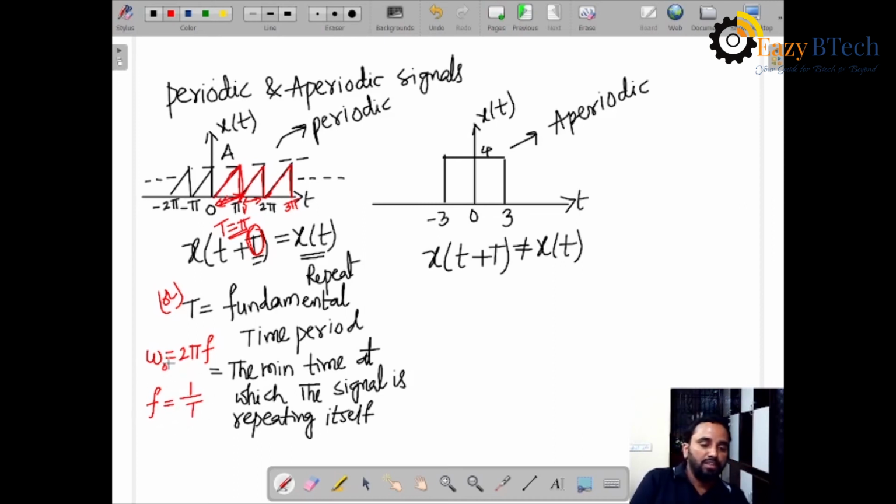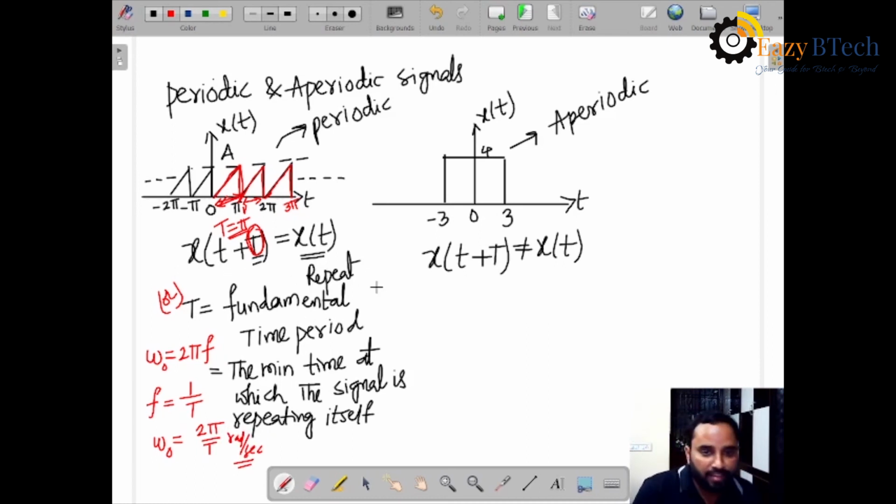So omega naught is the angular frequency, which is equal to 2 pi f, and f is the frequency in Hz, 1 by T. Then omega naught we can write as 2 pi by capital T. Here the unit is radians per second. So this is about periodic and aperiodic signals.